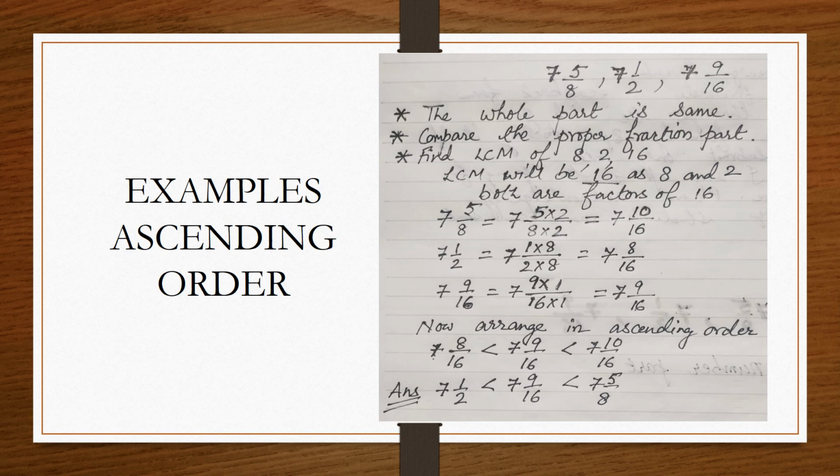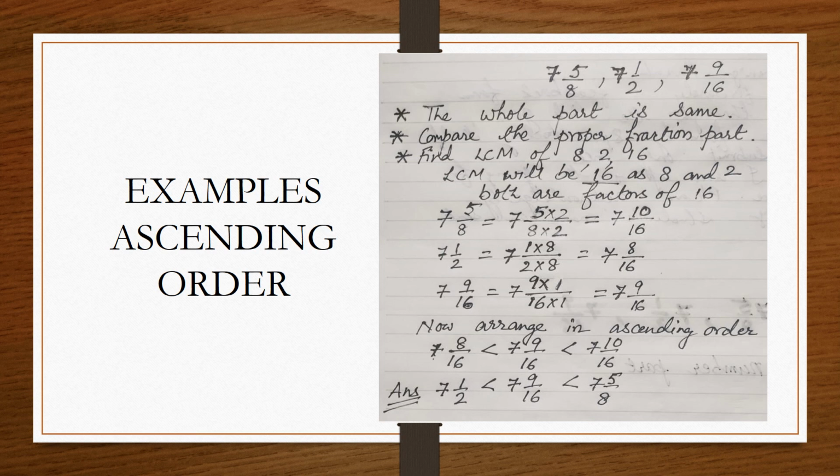Now you have to change the denominator equal to the LCM. You leave the whole part and change the denominator of the proper fraction part. Now 5 by 8, 8 you will multiply by what? 2. So 5 also you will multiply by 2, so 5 into 2, 8 into 2.